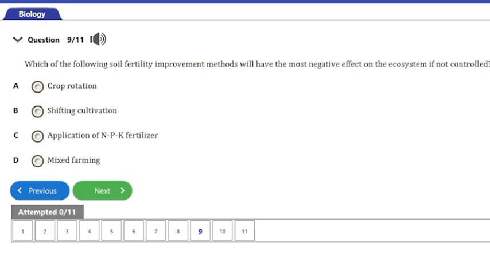So guys, the answer to this question here will be option C here, since the application of fertilizer here is an artificial means here using inorganic manure.